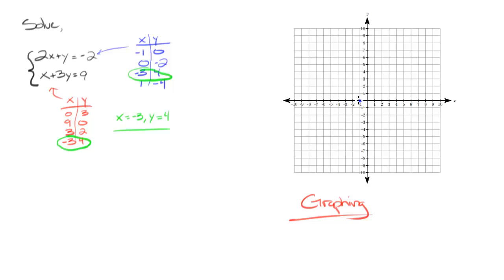So I have (-1, 0) and (0, -2). That gives me a line that looks something like this. And then if I graph the other equation, I'll plot a few of those points: (0, 3) and (9, 0). Again, I'm using my intercepts here to graph, and let me put in that line.